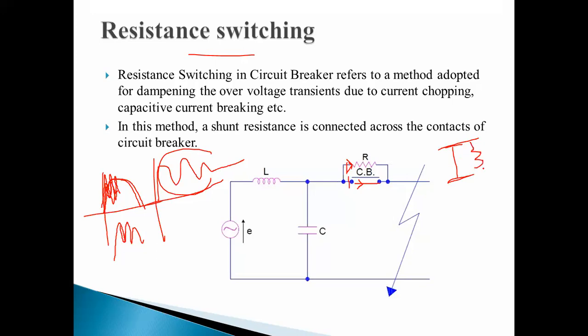Now what are we doing? We are connecting one resistance. So whatever current was flowing through that arc is split here.